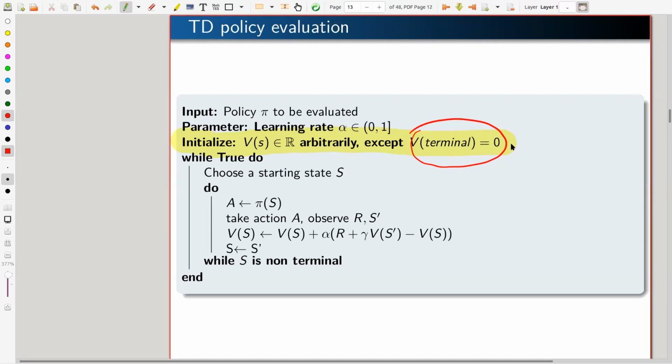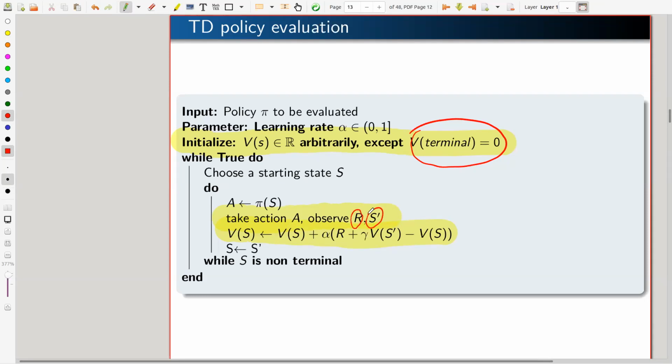This algorithm is going backward from the terminal states in the MDP, propagating from the terminal states. And so the initial value of the terminal states must be the correct value. All the rest is exactly the same. The update rule is the same. Now we are not saying take an episode, generate an episode. We are just saying take an action and observe what happens: just the reward and the next state.